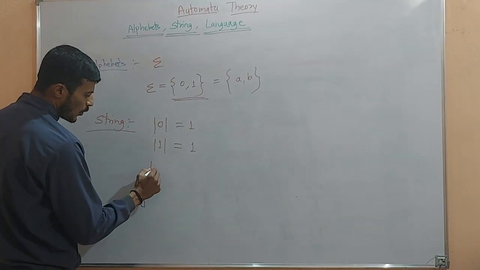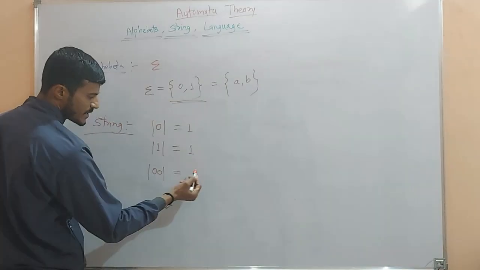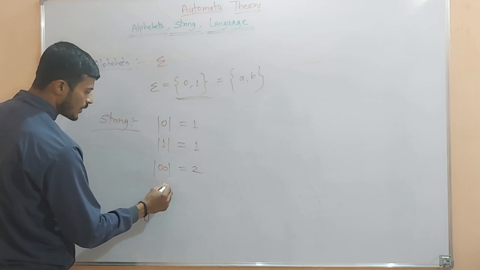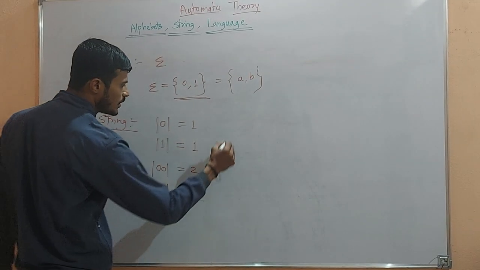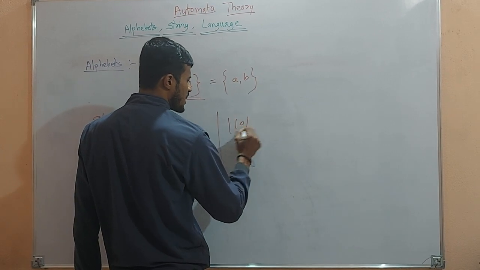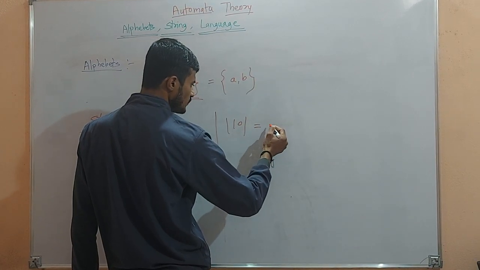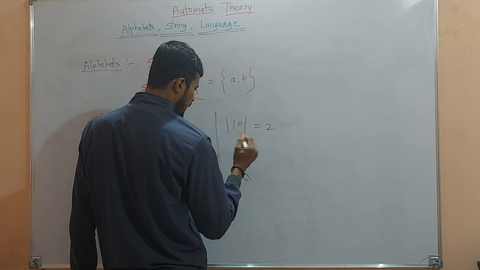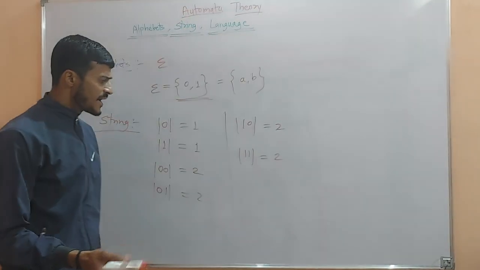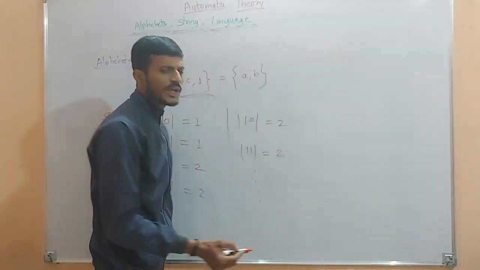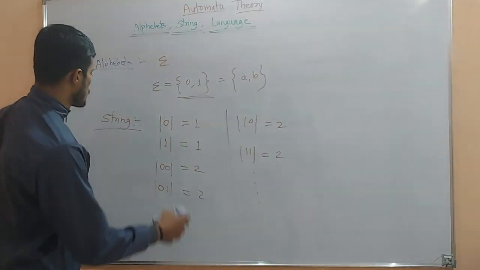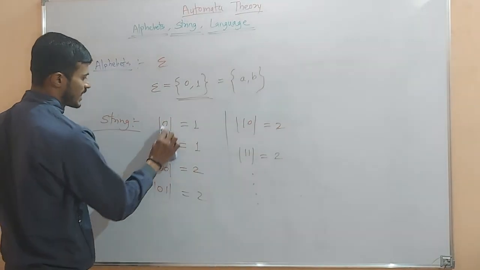Then 00, which has length 2, 01, which has length 2, then 10, and 11, which again have length 2, and so on. I can go up to infinity. All these are possible strings.